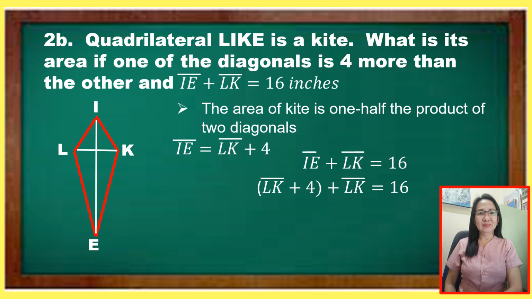Combining similar terms, we have 2LK is equal to 16 minus 4 by addition property of equality. Then our LK is equal to 6.